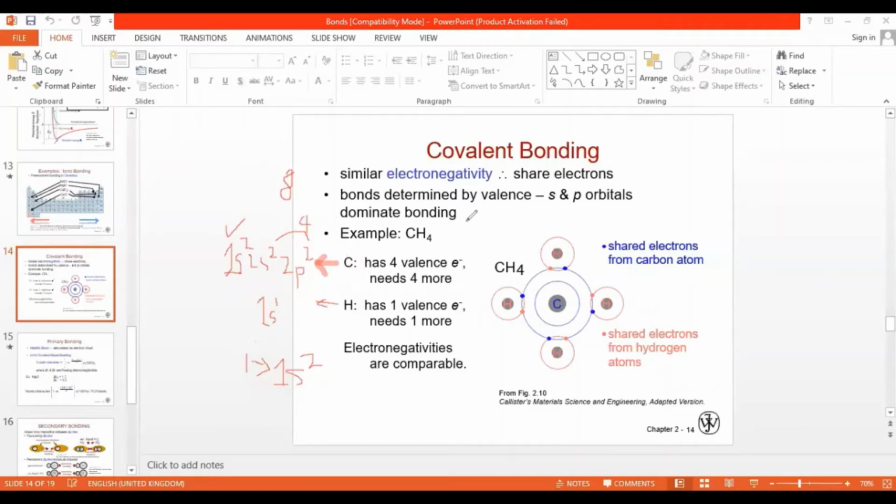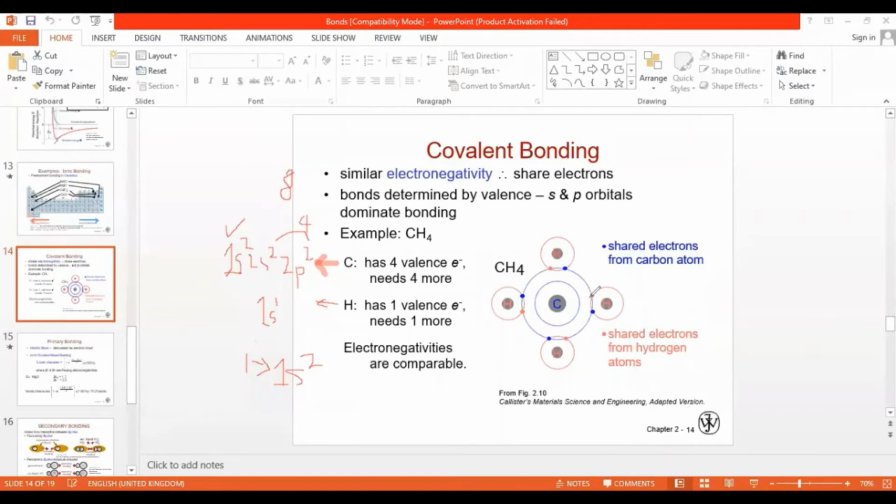So what they will do is, each of these 4 hydrogen atoms will come closer to carbon. This hydrogen already has 1 electron, and now it is shared with the carbon. In a similar way, hydrogen shares its electron with carbon and carbon shares its electron with hydrogen. This is happening in all 4.